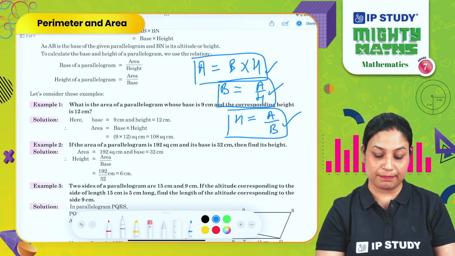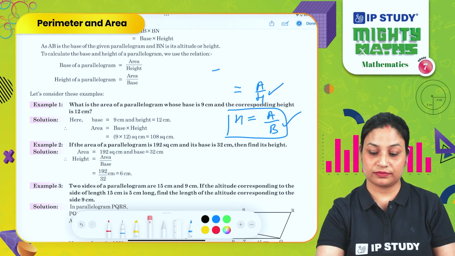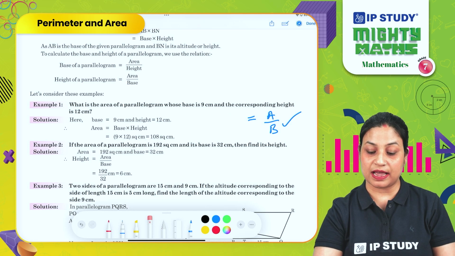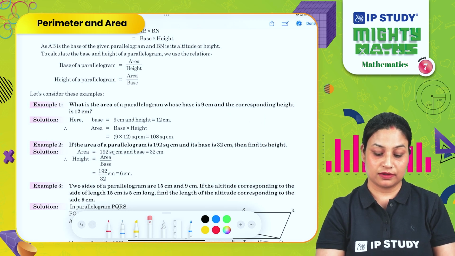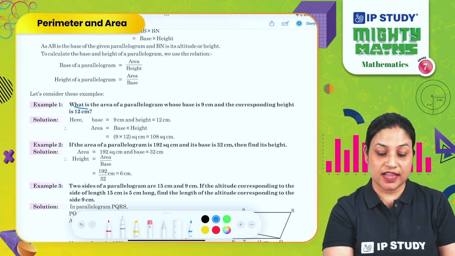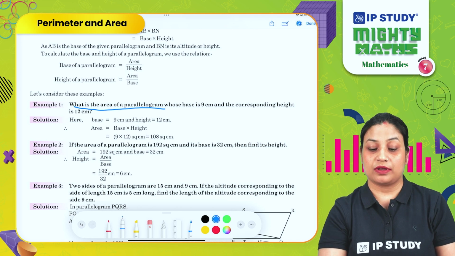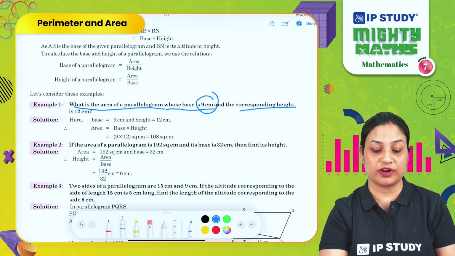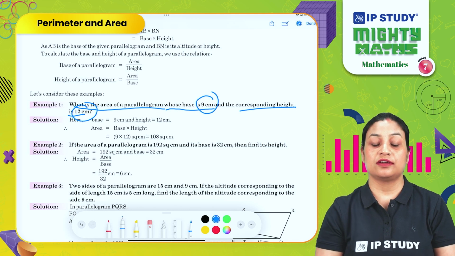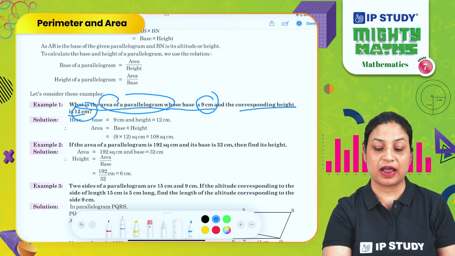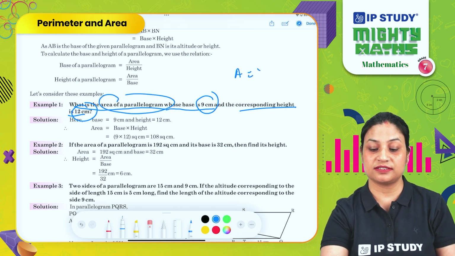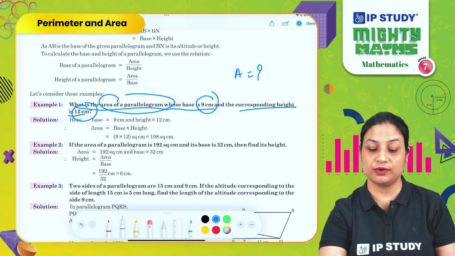Let me take example number 1 for you. So let's read example number 1 together. What is the area of a parallelogram whose base is 9 centimeter and corresponding height is 12 centimeter? So what do I have to find out? Area of a parallelogram. This is missing. What is given to you?